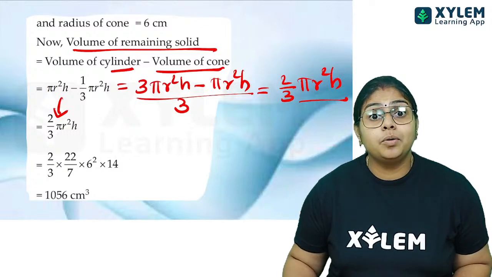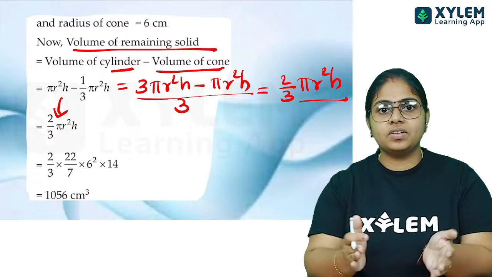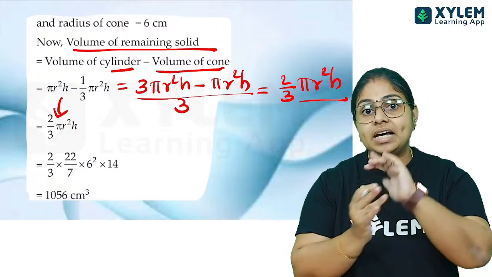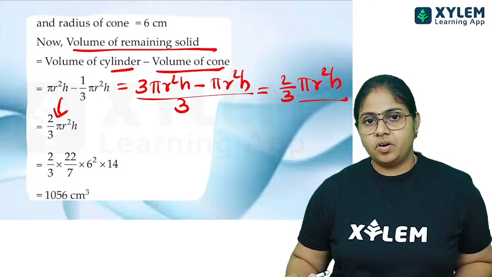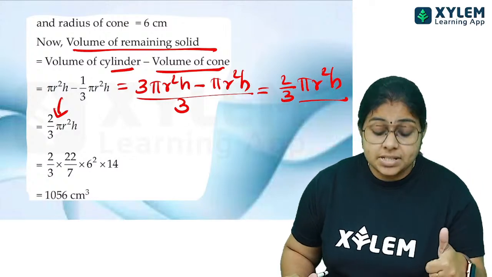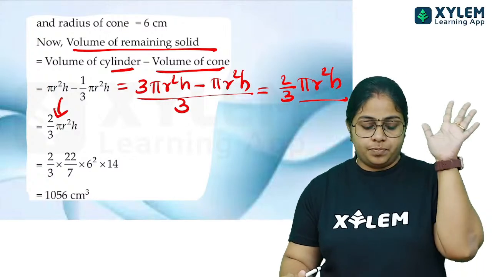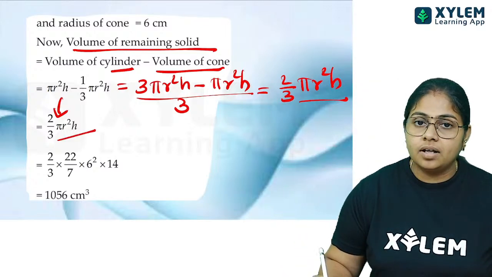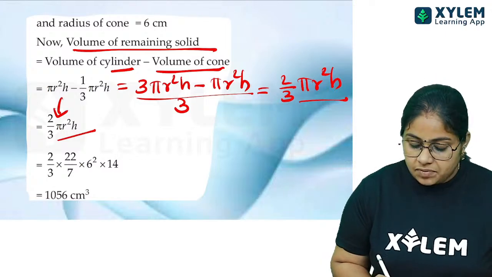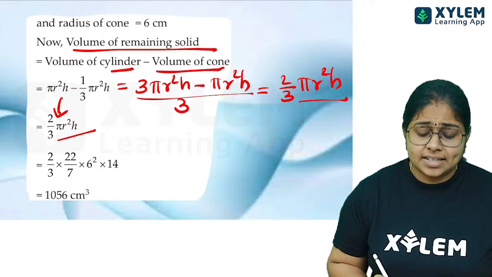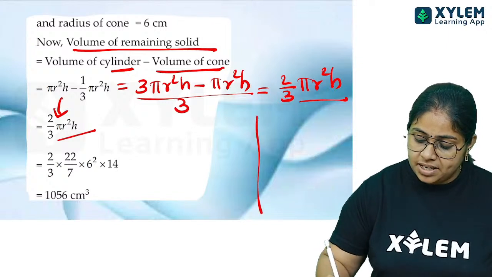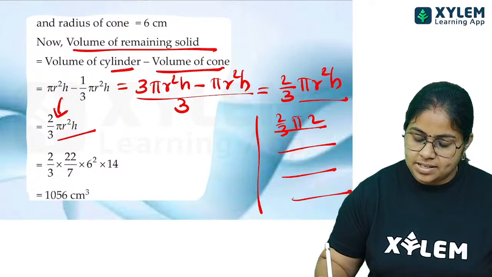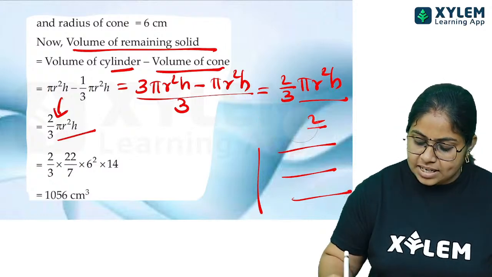So you have to, when you are writing the formula, along with it you must substitute the proper values also. That is very very important. Okay, so you have to write the proper substitution, അവിടെ നിർബന്ധമാണ് കേട്ടോ. സബ്സ്റ്റിറ്റ്യൂഷൻ ഇപ്പോൾ നിങ്ങൾ ഈ ഒരു സംഭവം മാത്രം എഴുതി വെച്ച് ഡയറക്റ്റ് ആൻസർ, അതായത് വർക്കിംഗ് കോളത്തിൽ മാത്രം ആൻസർ ചെയ്തിട്ട് ഇവിടെ എഴുതിയിടരുത്. നോർമലി നിങ്ങൾ ജസ്റ്റ് ഇങ്ങനെ വർക്കിംഗ് കോളത്തിൽ മാത്രം 2 by 3 pi r square h എഴുതി പിന്നെ സബ്സ്റ്റിറ്റ്യൂട്ട് ചെയ്തിട്ട് ചെയ്യും. അങ്ങനെ ചെയ്യരുത് എന്നാണ് മിസ് പറയുന്നത്.